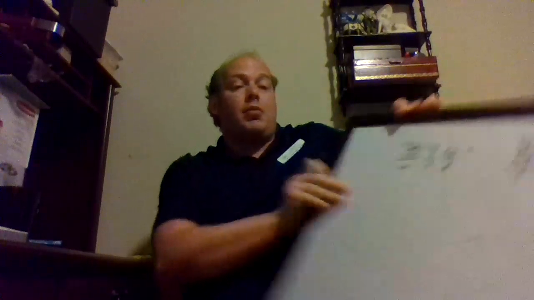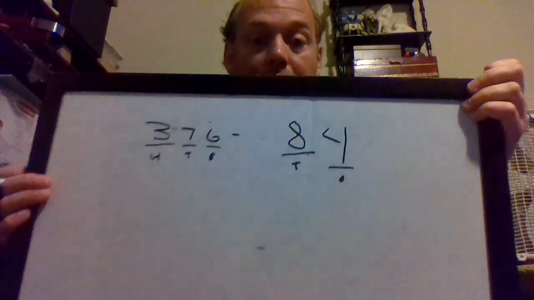Now what we can do is we're going to label the next number. The 8 is in the tens and the 4 is in the ones. Like so. So let's line up our T's and our O's.